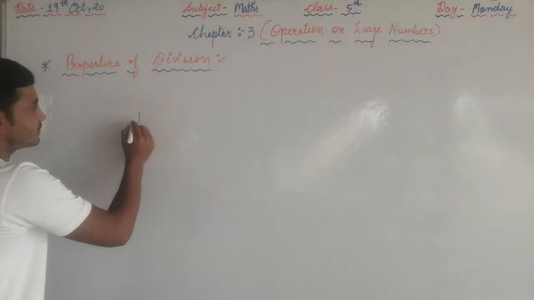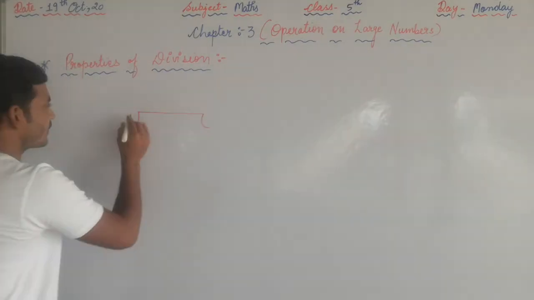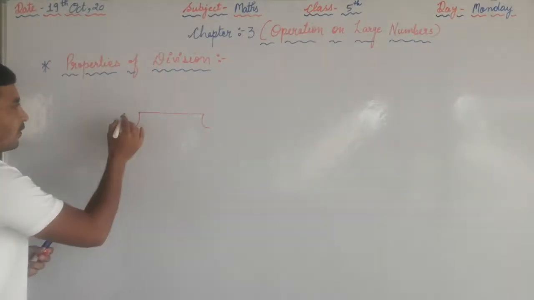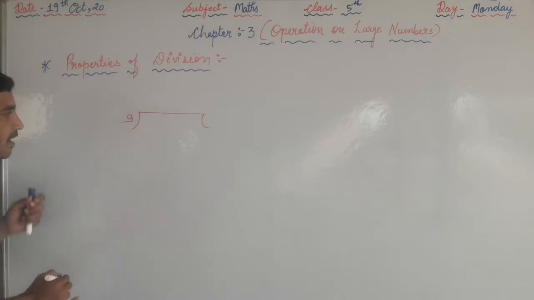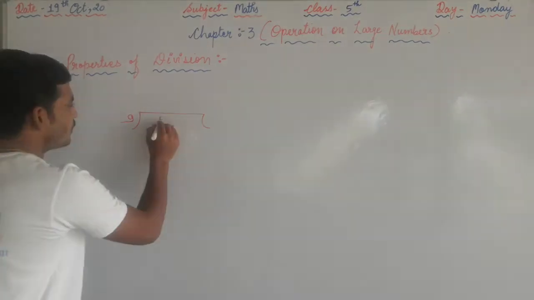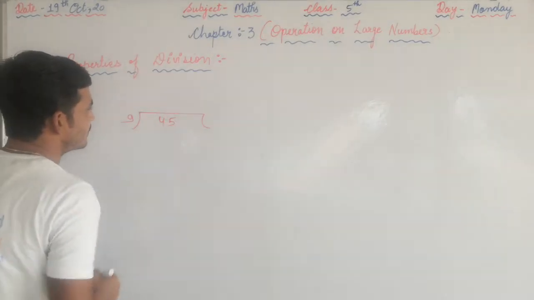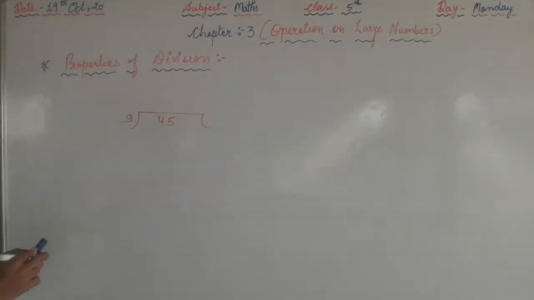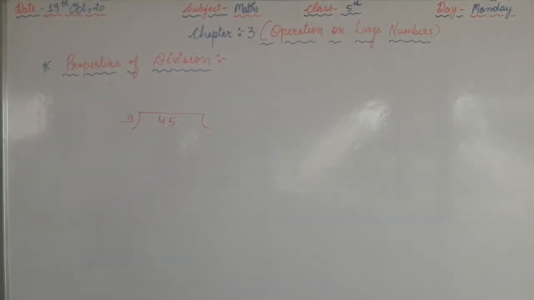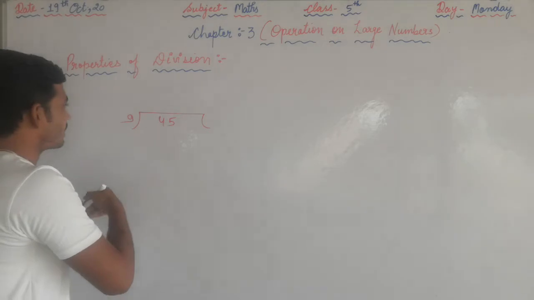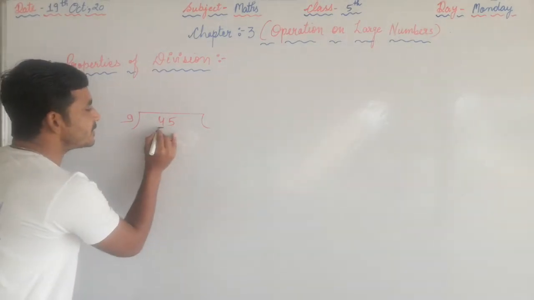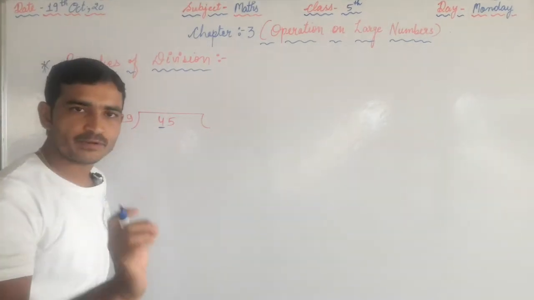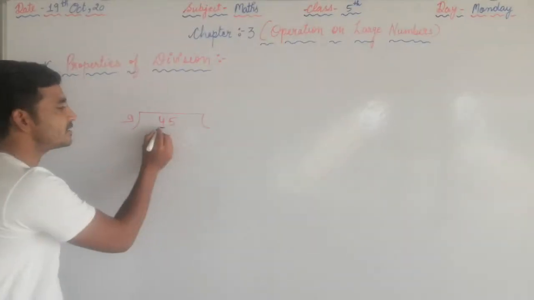Division. Suppose we are going to divide 45 by 9. When we divide, first we take the first digit of the number.